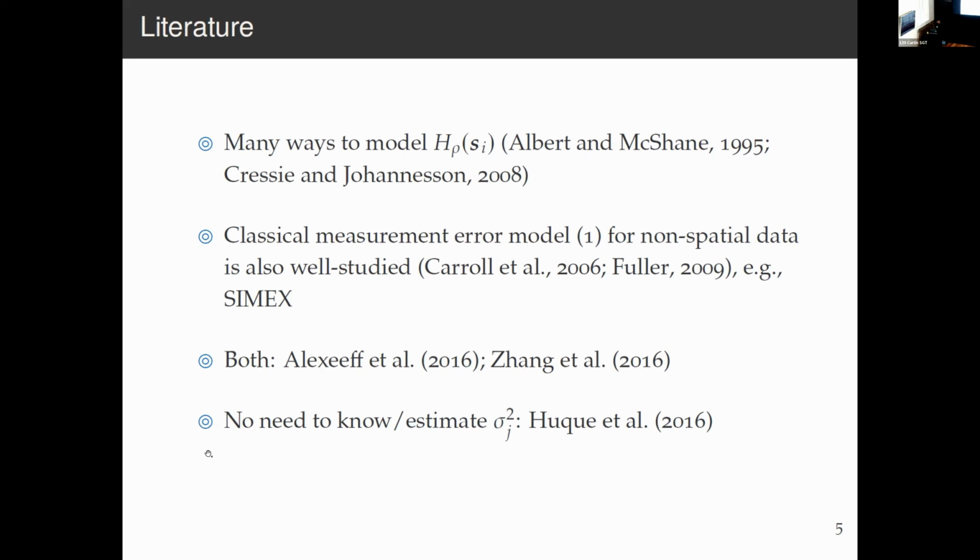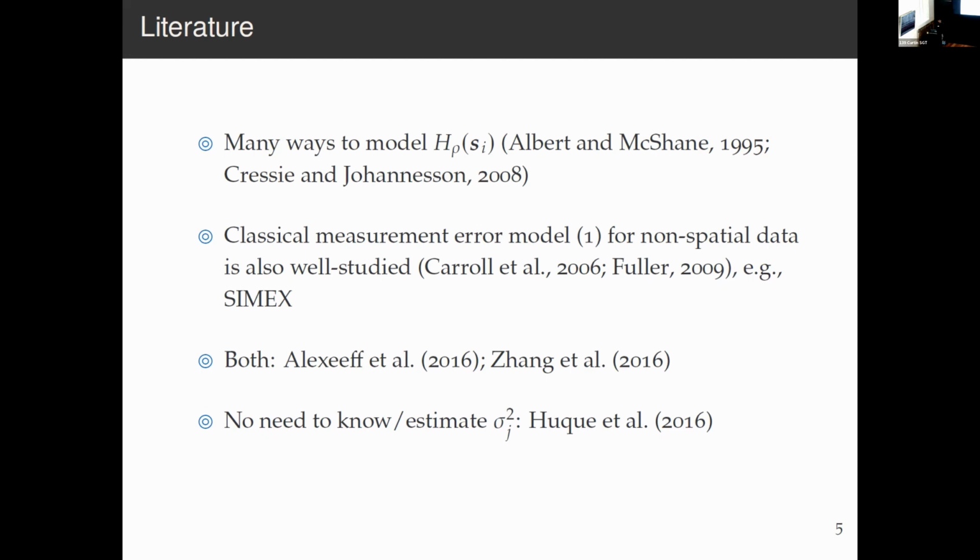But for methods where you don't need to know sigma j squared or need validation data to estimate it, there has been work by Hui et al. in 2016, and they introduced a method for that.